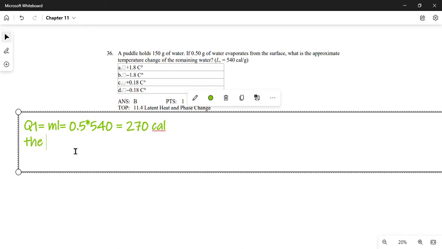This means the remaining water is 149.5 gram.